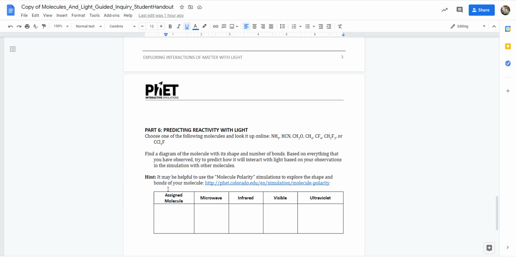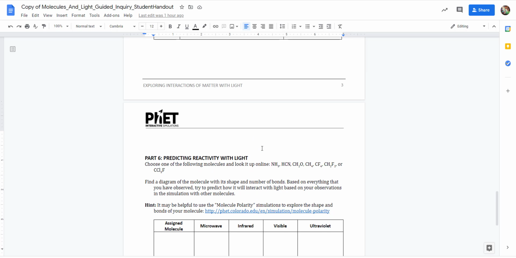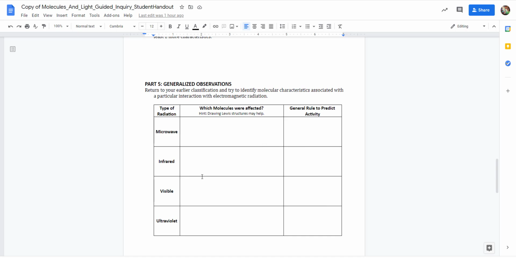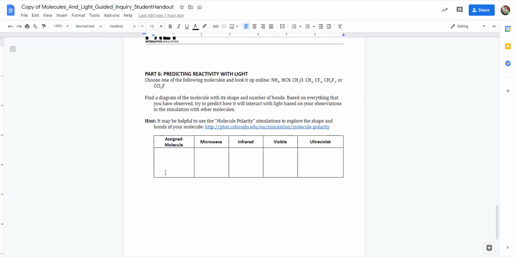You can also use this other simulation, which should work with most devices, but if it doesn't work, you can still find the information you need in other places. But see what these molecules might have in common with the molecules that you've just observed, and try to predict what it will do.